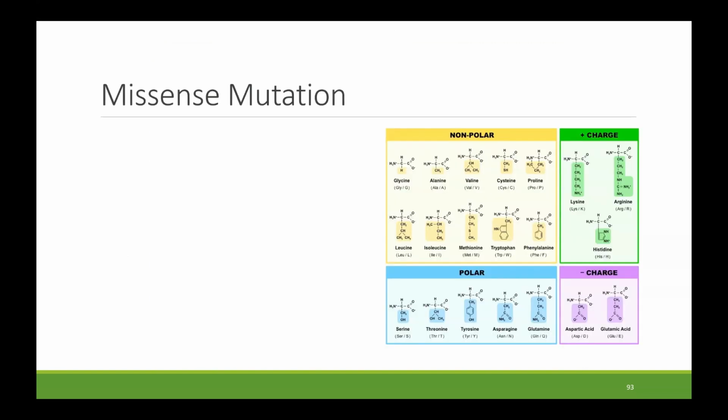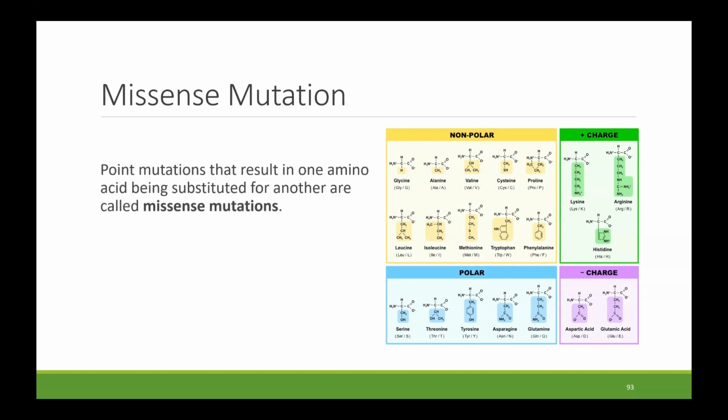So hopefully by now you figured out that changing the letter in the 7th codon changes the amino acid. Point mutations that result in one amino acid being substituted for another are called missense mutations. I'm going to give away the answer here, but it's important that we talk about the nature of this missense mutation because it's really at the core of the disease itself.